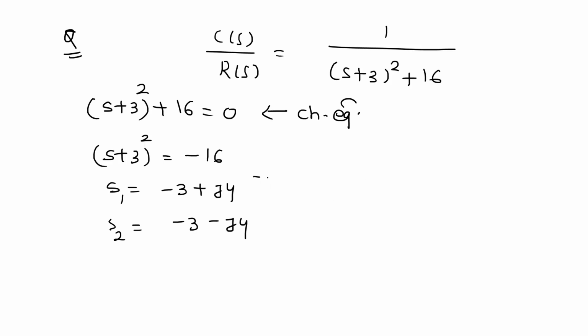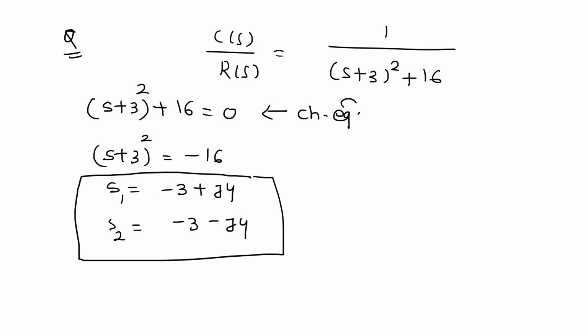These are the two poles. First draw the pole locations: this point is minus 3, one pole is located here at distance j4 and another at minus j4. These are complex conjugate poles.